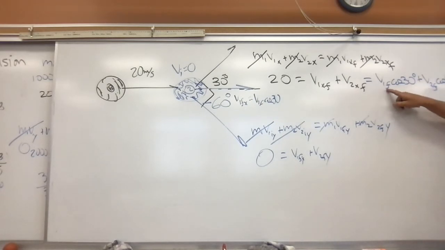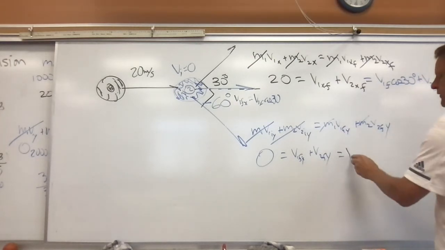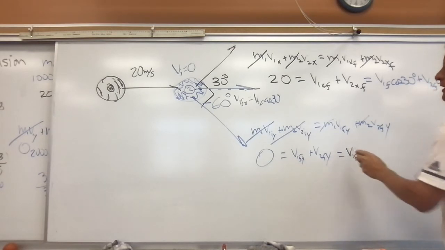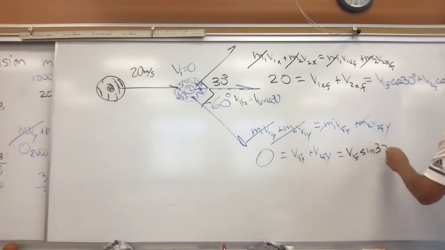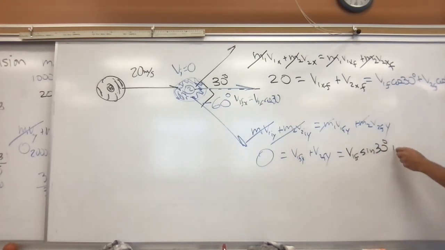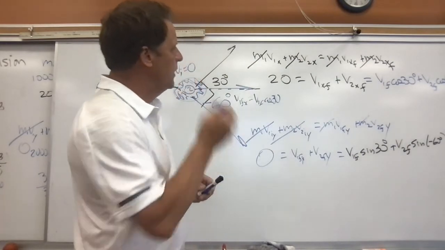And on this bottom one, for that same logic, we're going to say v1 final, not cosine 30, but sine 30, and v2 final, not cosine of negative 60, but the sine of negative 60. All right. And now we're in a situation to simplify this even more.